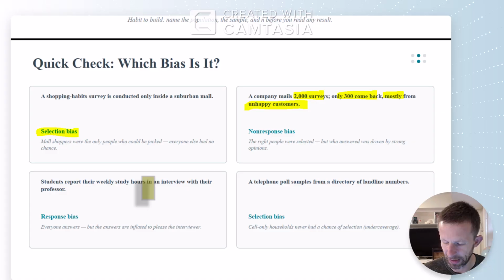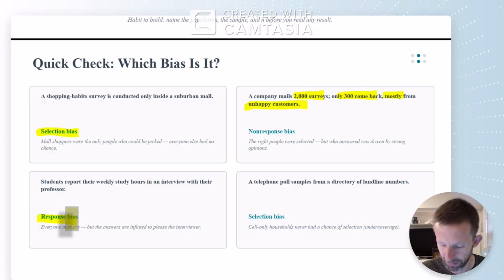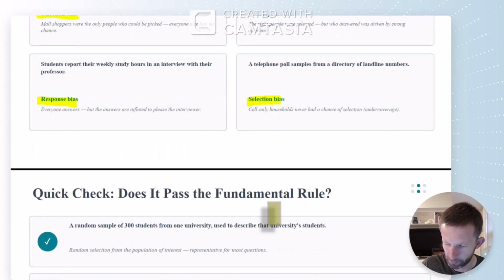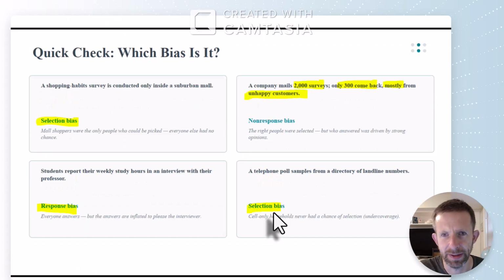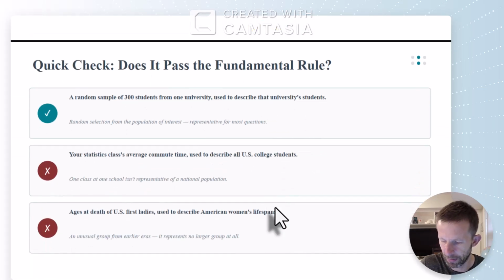Students report their weekly study hours in an interview with their professor. They could not be telling the truth, so response bias. A telephone poll samples from a directory of landlines: selection bias. Cell phone households never had a chance of selection. We'll talk more about the types of biases in another unit of this chapter.